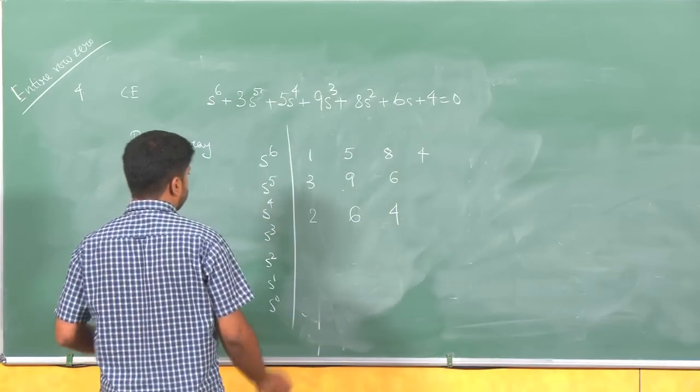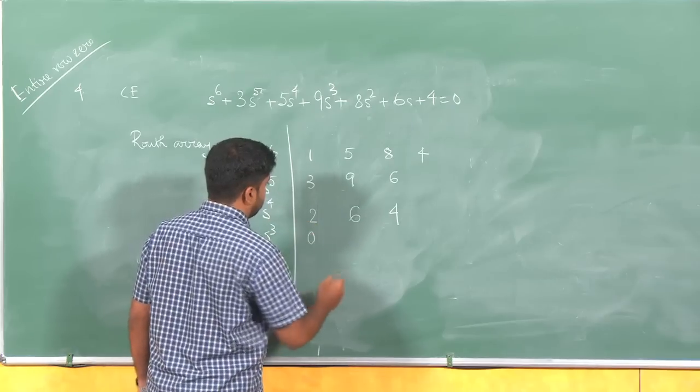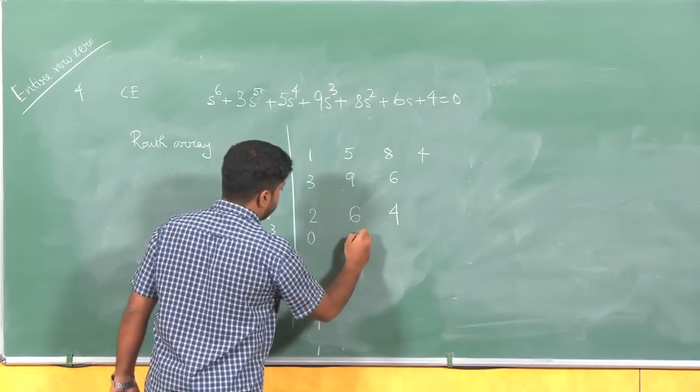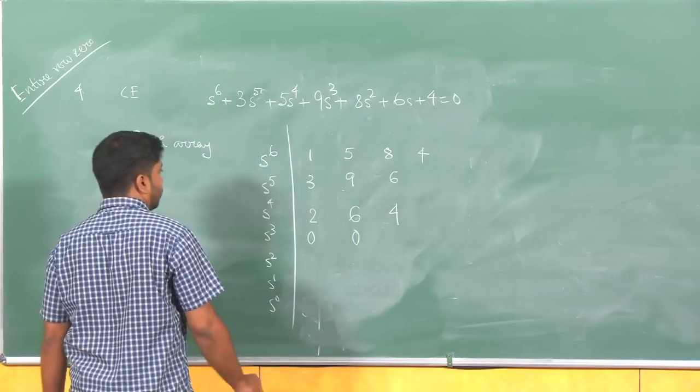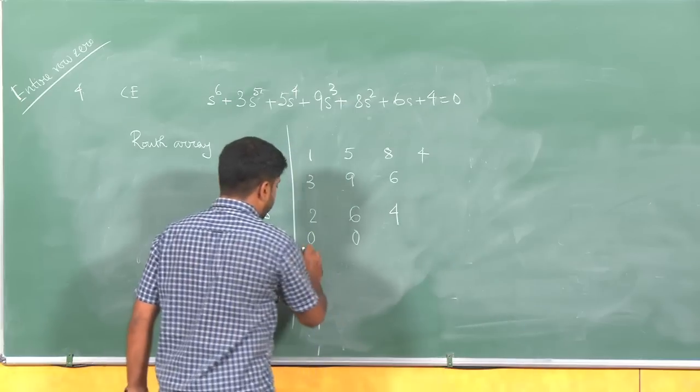Okay. So, now for s to the power 3 all the terms are 0, 18 minus 18 is 0, 12 minus 12 is 0. Okay. So, we get here 0.